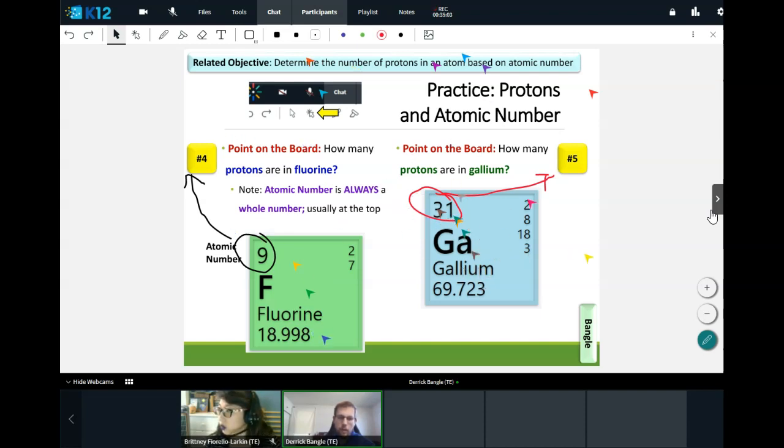We just need to know where that number is located on the tile to know that that is the atomic number. So, yeah, exactly, Creek. Yeah, gallium is atomic number 31. So please raise your hands for number 4 and number 5 so we can move on. I'll give everyone about 20 seconds. Yes, we already know the name, but we need to know the atomic number.